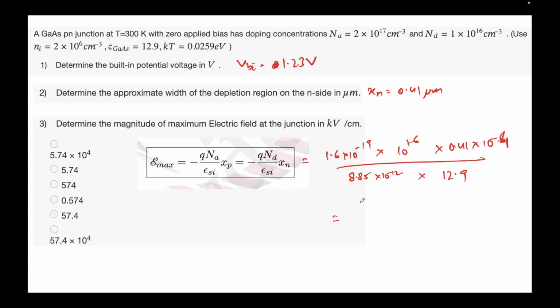If you solve this, 1.6 times 0.41 divided by 8.85 and 12.9, this is coming out to be 5.74 times 10 to the power minus 3. The exponents combine to minus 7 over minus 12, so minus 10, so this is 574.